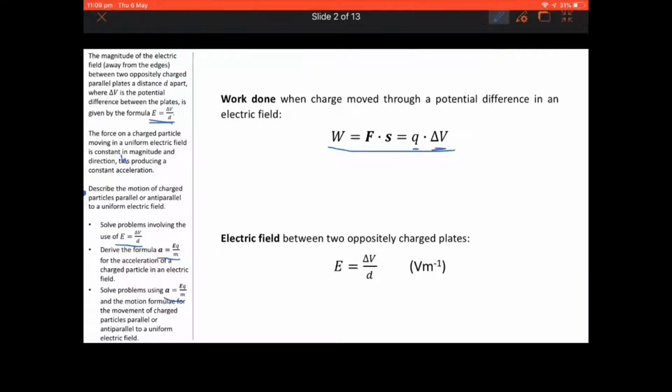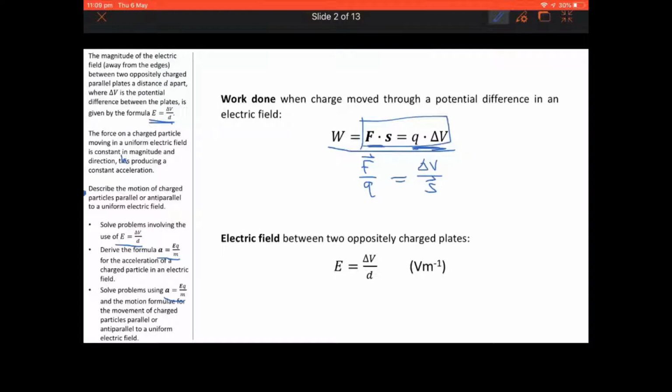Given that this is equal to this, we can rearrange to have force divided by charge and potential difference divided by displacement. Hopefully you can see that I've just rearranged this part here.